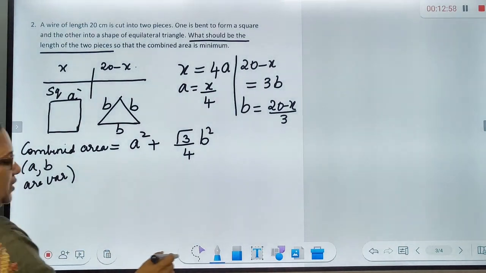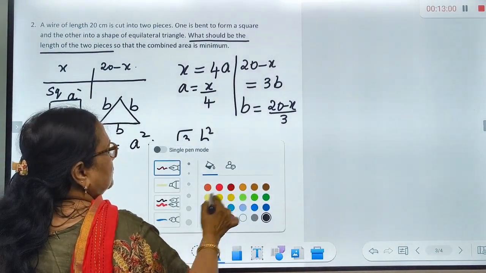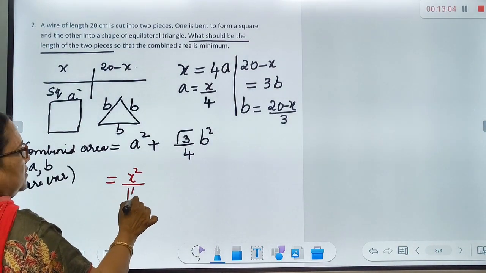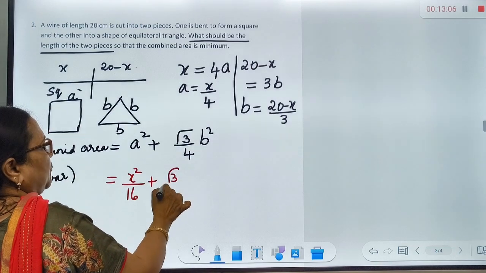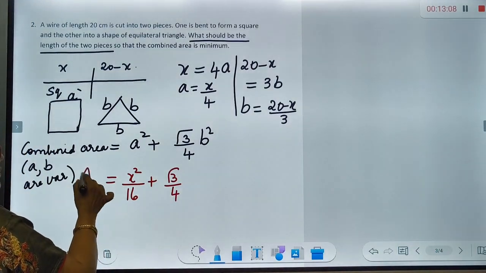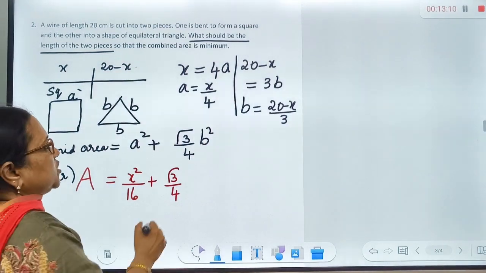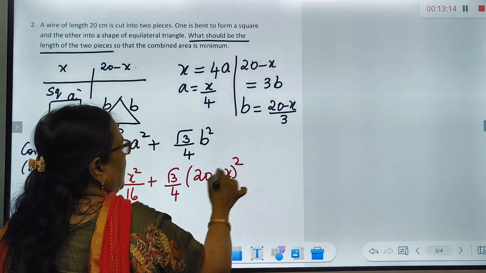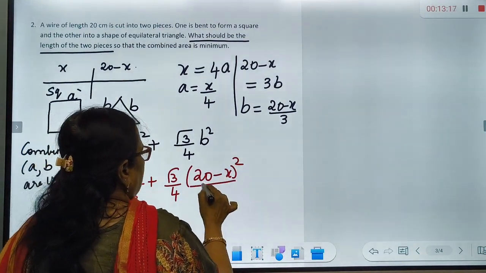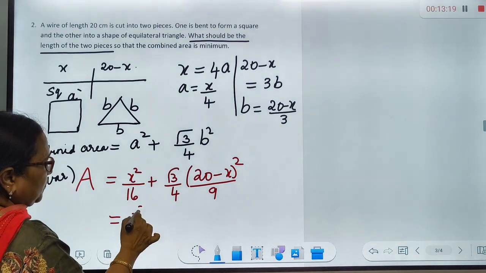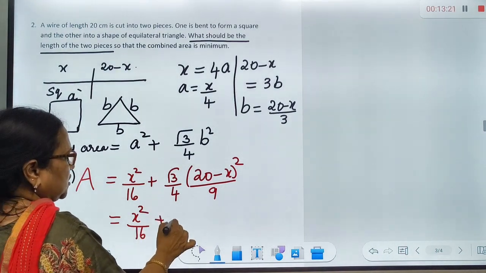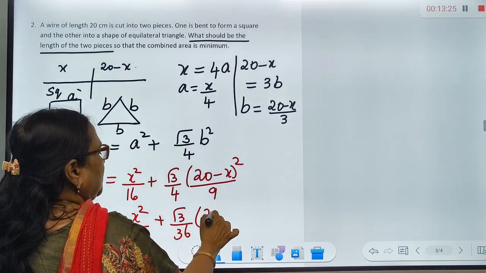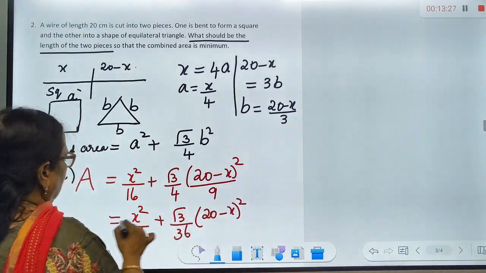Okay. So substituting here, the combined area will be A square, which is x square by 16, plus root 3 by 4 into B square, which is 20 minus x the whole square by 9. So this is x square by 16 plus root 3 by 36 into 20 minus x the whole square.